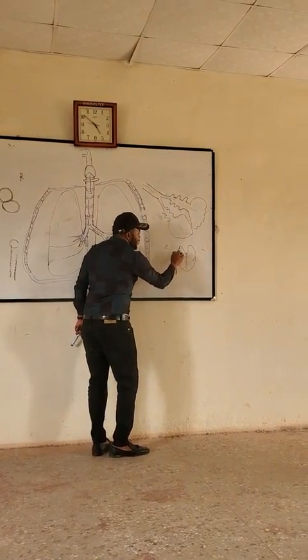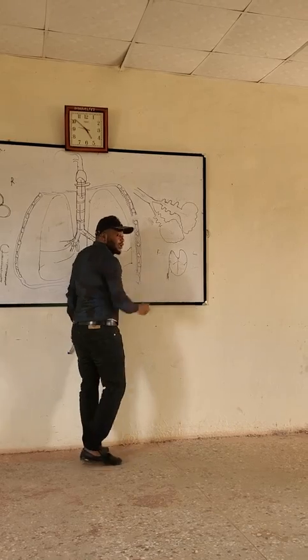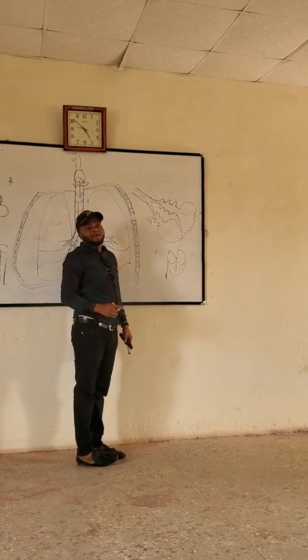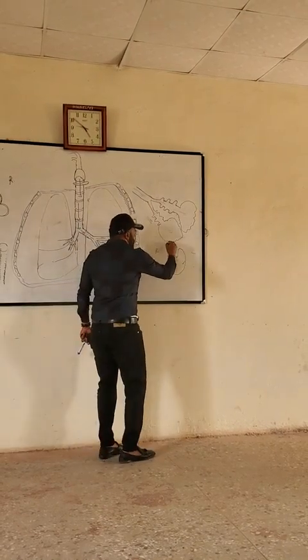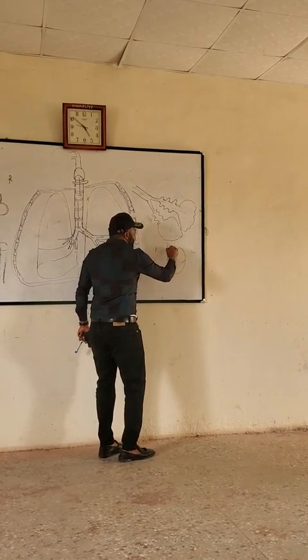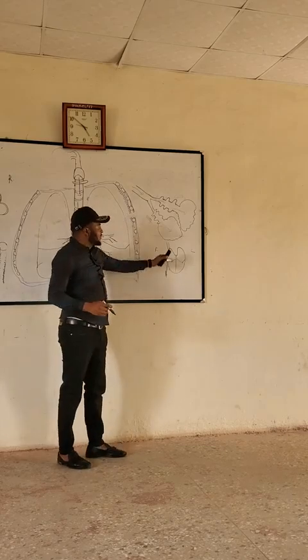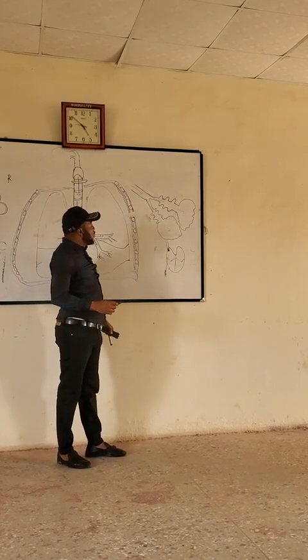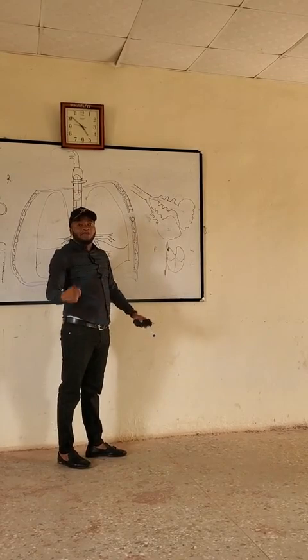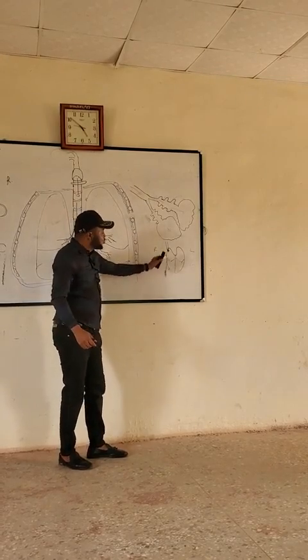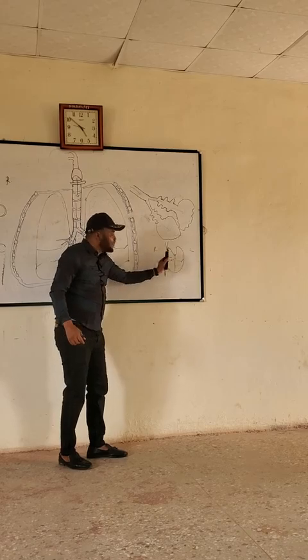Every blood that is going into the right part enters through what we call the inferior vena cava. And then the blood coming from above enters into this right atrium through what we call the superior vena cava. So these are the 2 tubes that carry blood into the right part of the heart.